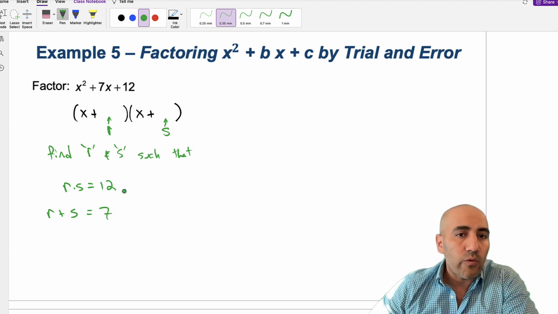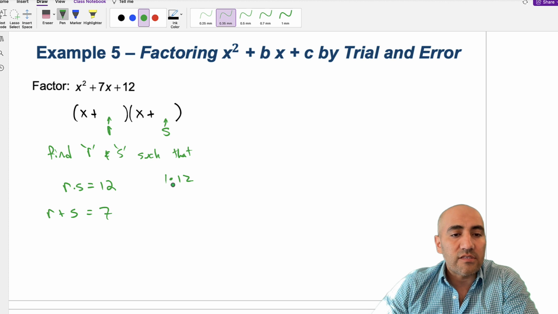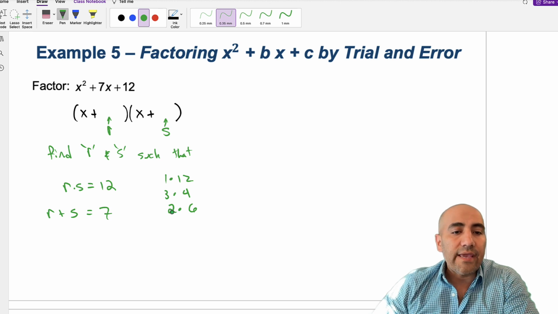There's only a few ways in which we can get two numbers to multiply to 12, so we can just list them all. There's 1 times 12, obviously. There's 3 times 4. That works out. There's 2 times 6. That works out. And that's it. These are the only 3 ways in which we can multiply two values to give us 12 with positive whole numbers, at least.